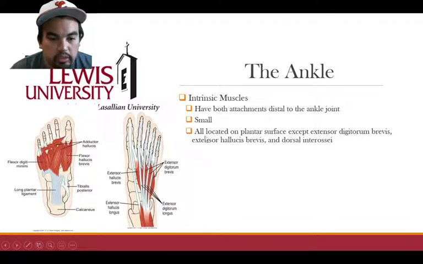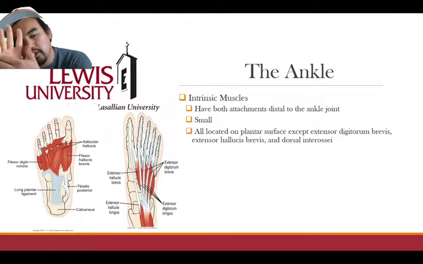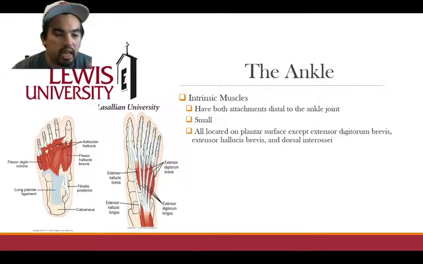Just like in our hands when we have our lumbricals between each metacarpal up here, you have the same in your foot between each metatarsal down there. Both attachments are in the distal ankle joint. They're all small and they all are located on the plantar surface except the extensor digitorum brevis, extensor hallucis brevis, and dorsal interossei.